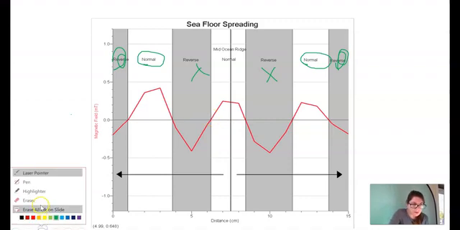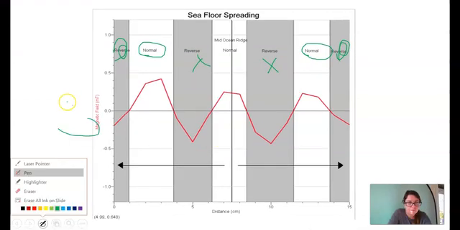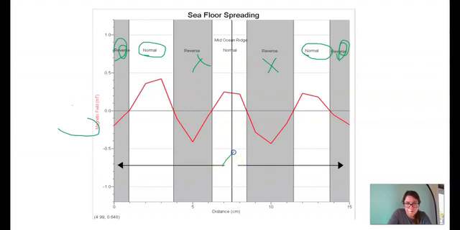So let's get our pen out and let's note that down. So this last time happened 750,000 years ago. Right? And then it tells us that previous reversals occurred on average every 250,000 years.